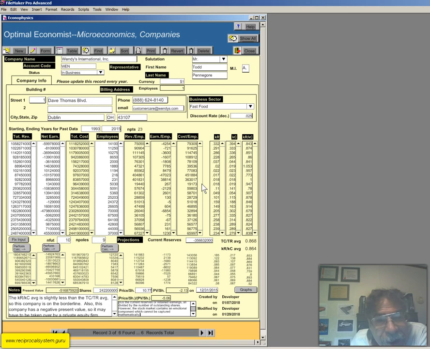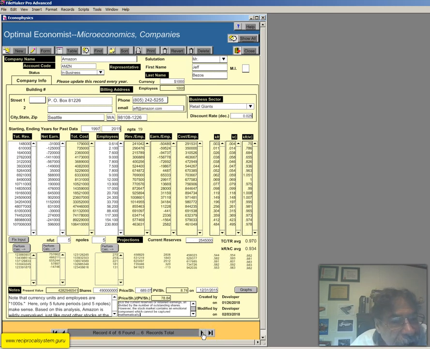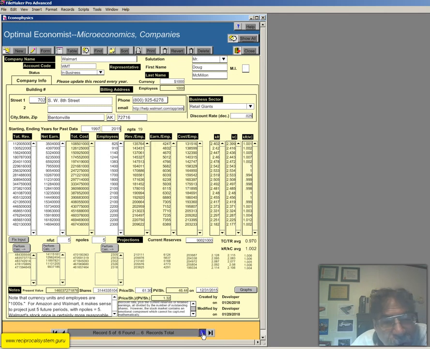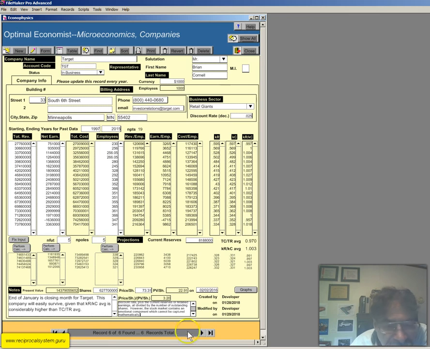All right, well, that wraps it up for today. Next time we'll take a look at the graphs of these three records. Oh, well, I guess I should just briefly show that I did Amazon as a sample record, I did Walmart, and I did Target.